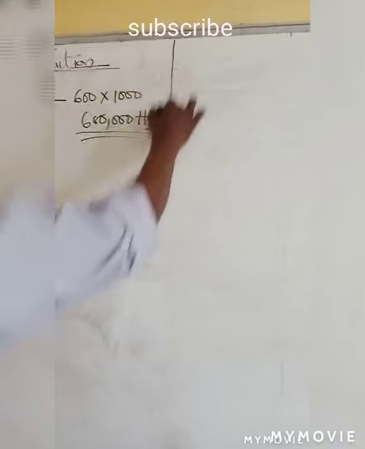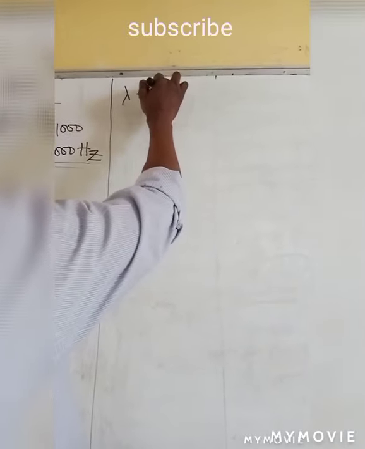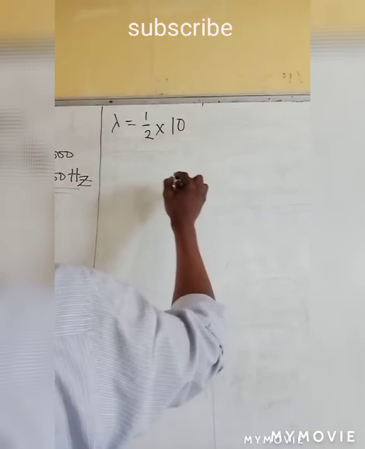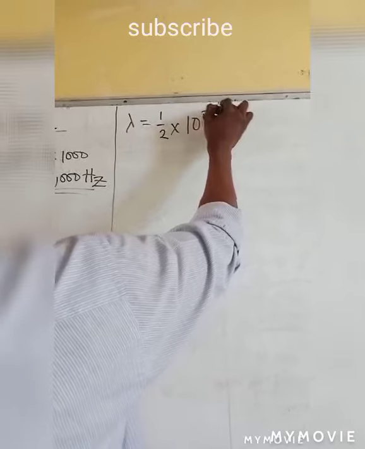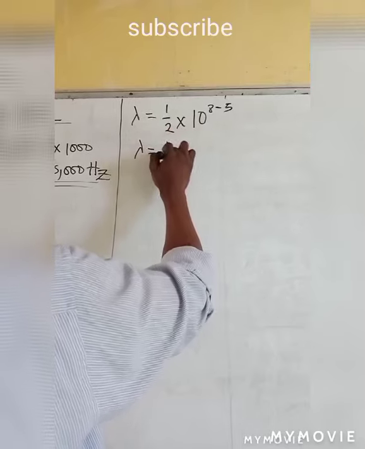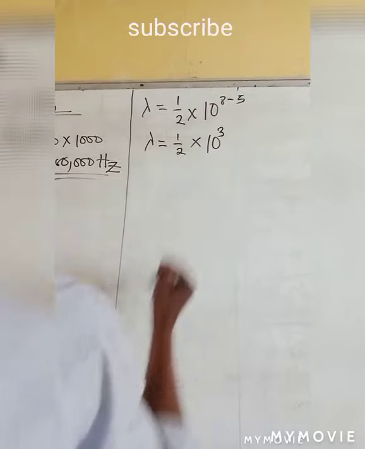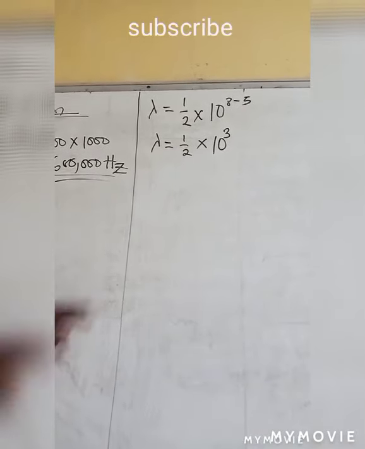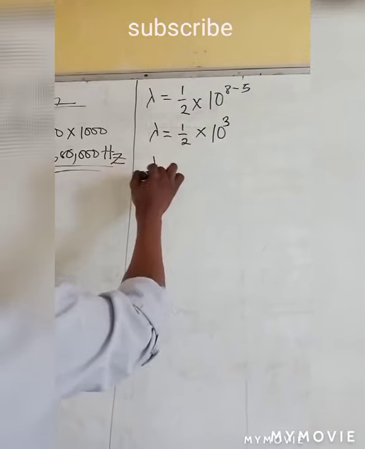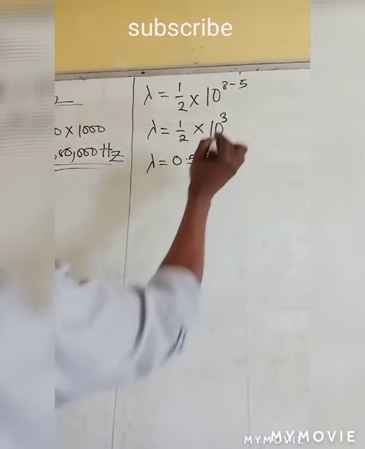From there, wavelength equals 1 over 2 multiplied by 10 raised to the power 8 minus 5, that's 10 raised to the power 3. If you want it in decimal, 1 over 2 is 0.5, so wavelength equals 0.5 times 10 raised to the power 3.